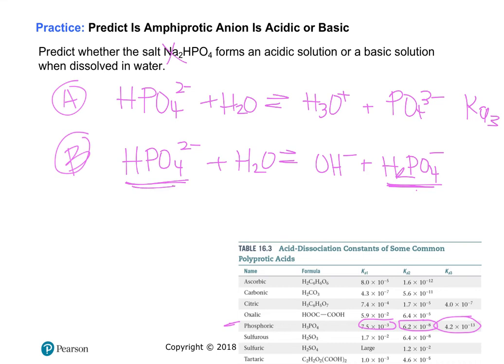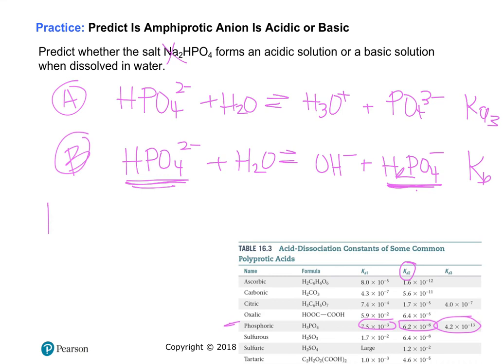And so this is a base reaction, so we can't compare Ka's for this reaction. It's not an acidic reaction. So what we want to do is think about Ka2. That would be if our dihydrogen phosphate formed hydrogen phosphate. But now it's the flip of that, so we want to think about this being Kb, but which Kb?